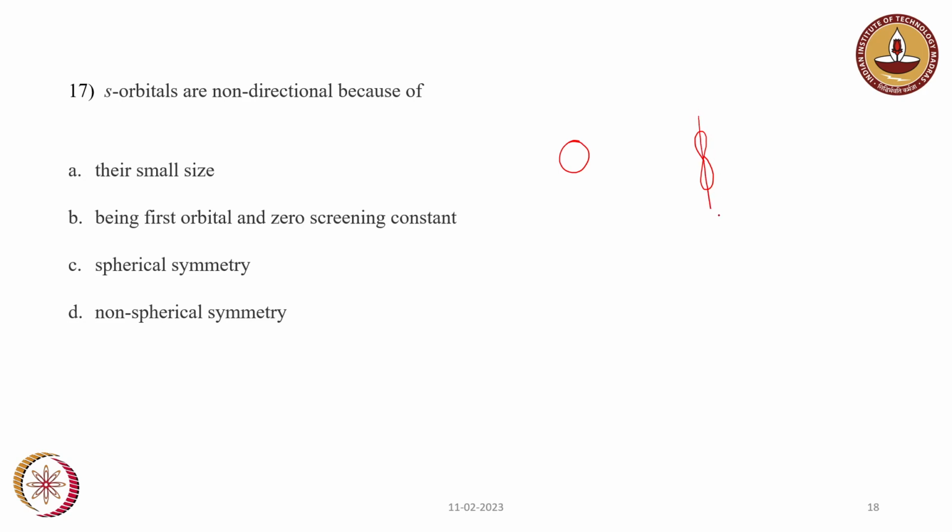So if this is px, there will be another orbital which is pz, and another one py.